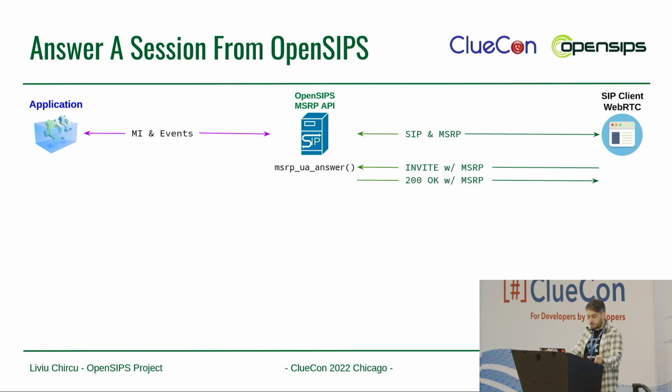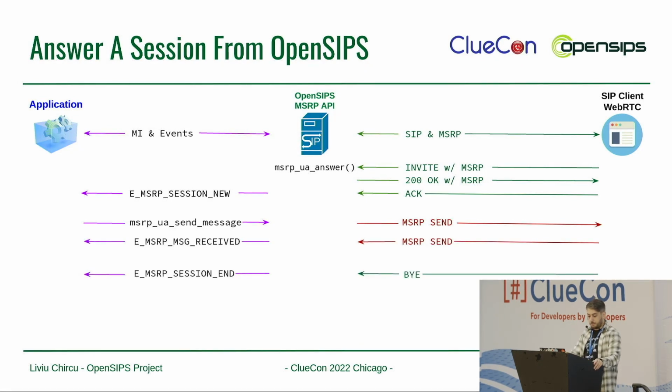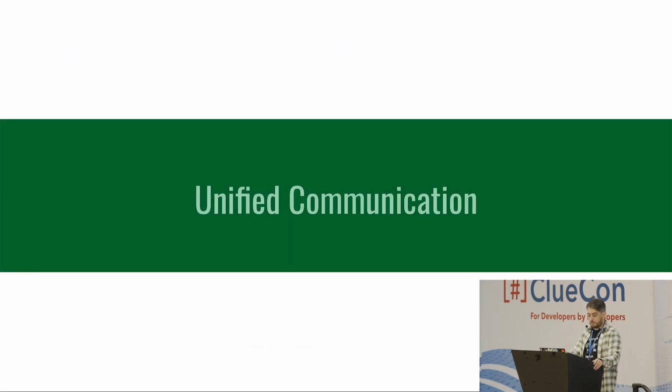And it is MSRP based, which will also raise this session new event in the script, so you can contact the application. And of course, in the other direction, we send the message, which gets converted to MSRP send. So that is the user agent.